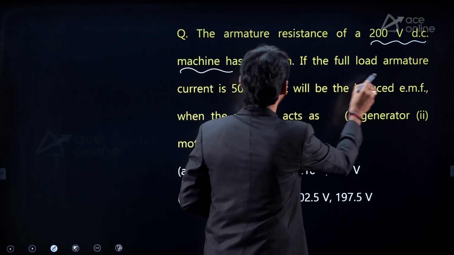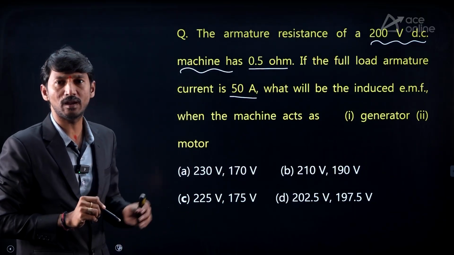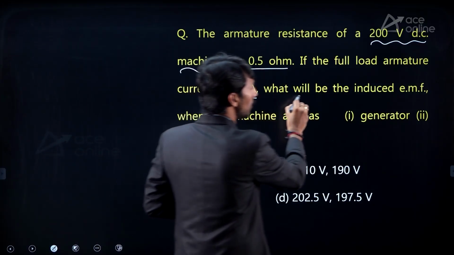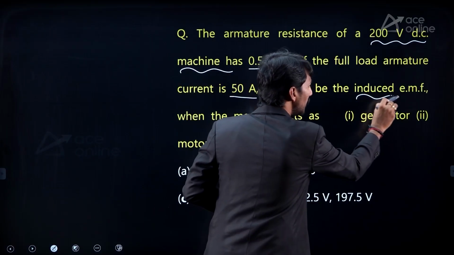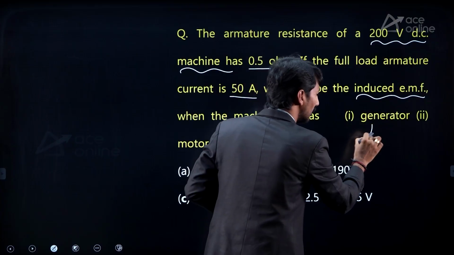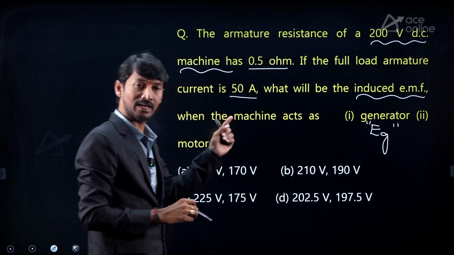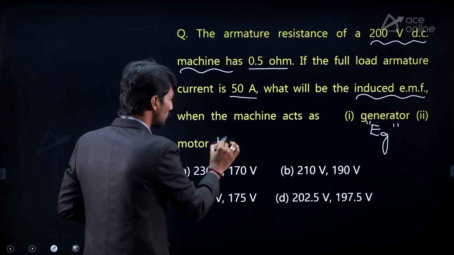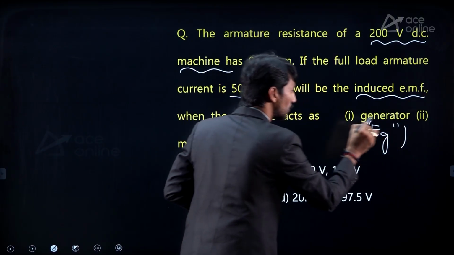If the full load armature current is 50 ampere, what will be the induced EMF? What is he asking? Induced EMF. When the machine acts as a generator, we are supposed to find EG, and as a motor, we are supposed to find EB. Simple logic. EG as well as EB.